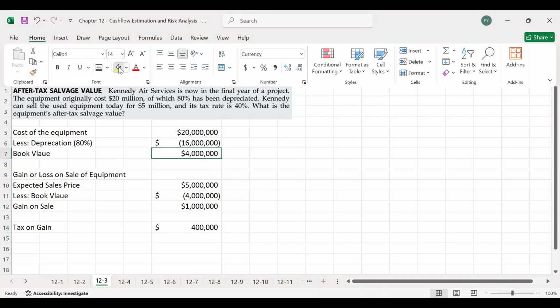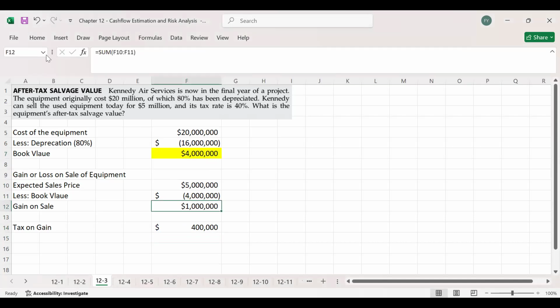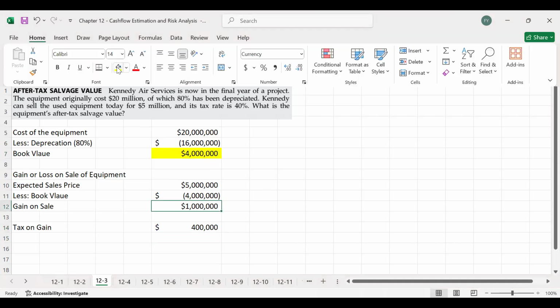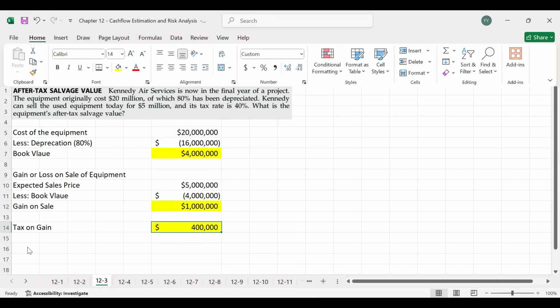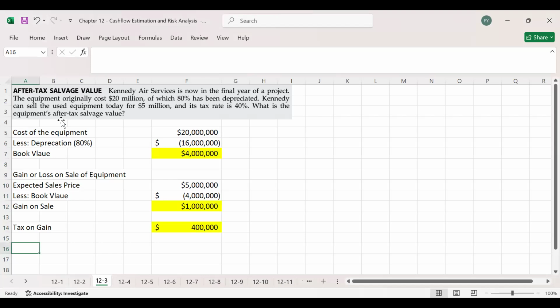So we have a book value, then we have gain on sale, and then we have income tax on gain. The last requirement is the after tax salvage value.